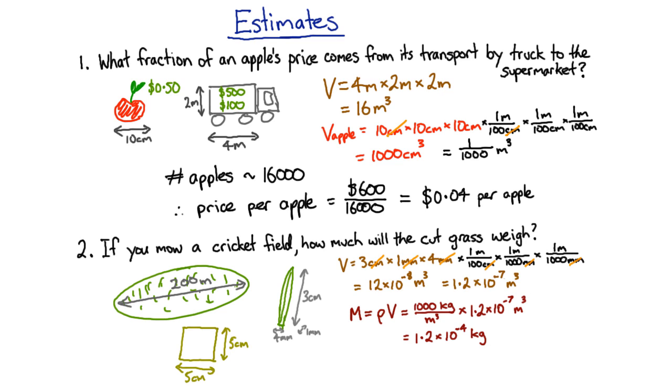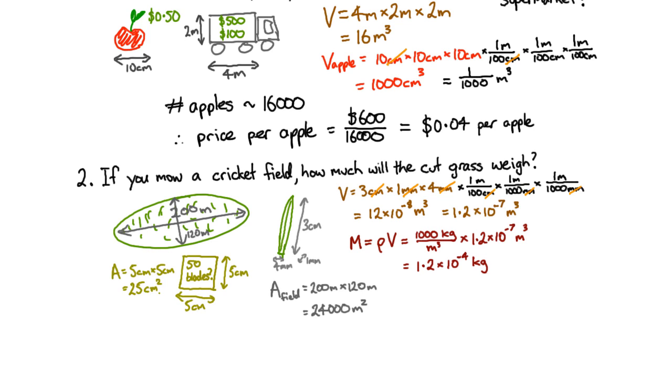And so if we think of it as maybe 200 meters by 120 meters, then the area of a cricket field is 24,000 square meters. And the area of our little patch here, which remember we said had about 50 blades of grass, that area was 5 centimeters by 5 centimeters, which remember we're going to have to convert into square meters.